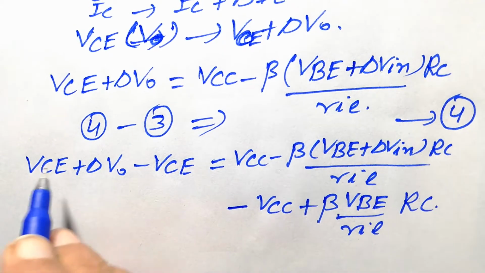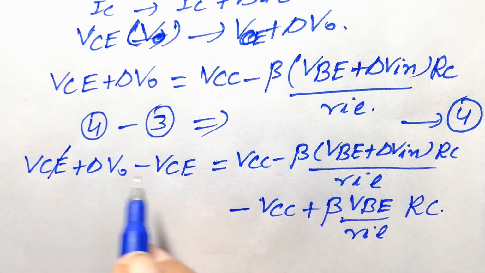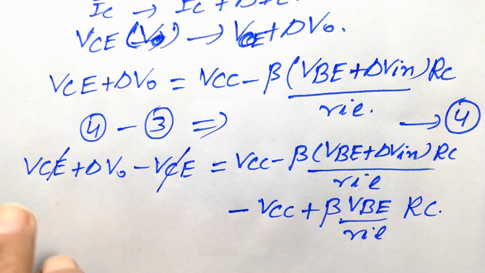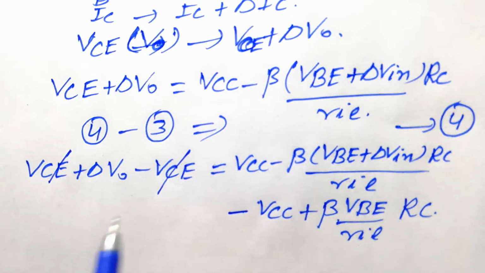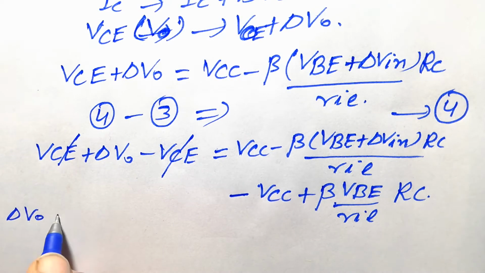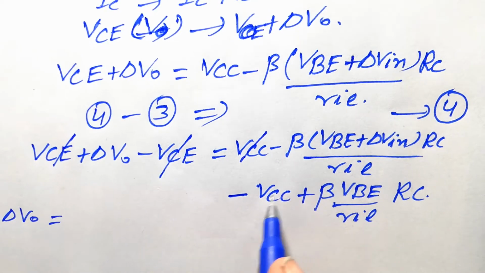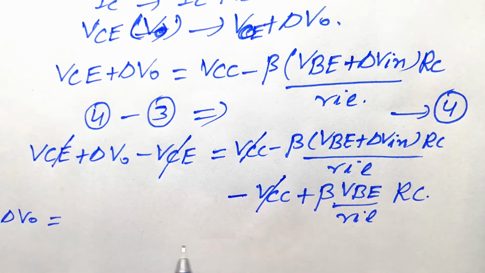Now students, you just simplify this equation. VCE is subtracting, one positive and one negative, both cancel, and we are left with only delta V naught. On this side VCC is positive and negative, so they cancel out.